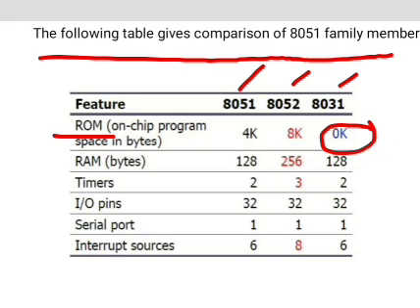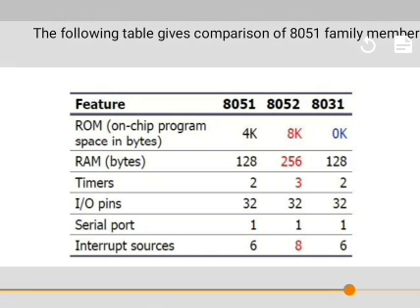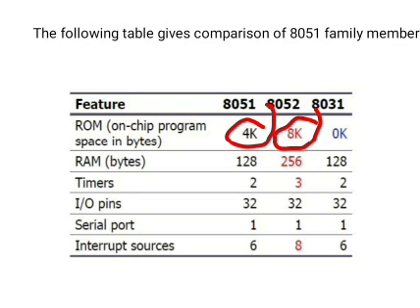It has 0 kilobytes. So they use external ROM for program memory. So 8051 has 4 kilobytes of ROM, 8052 has 8 kilobytes, and 8031 has none, they don't have onboard ROM.